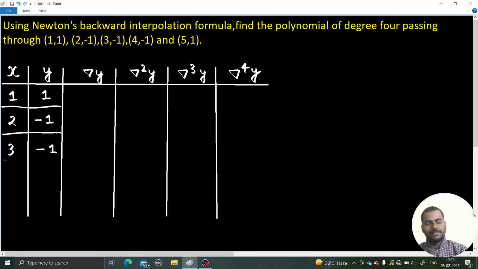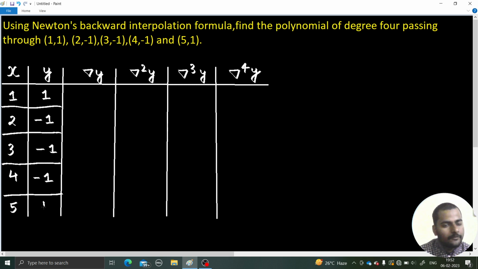I will be a bit slow as always in this particular chapter, so you can watch this video at 2x if you have hurry. So at 4 we have -1, and finally at 5 we have 1. So tidy looking function. It attains -1 at 2, 3, 4 and 1 at 1 and 5.